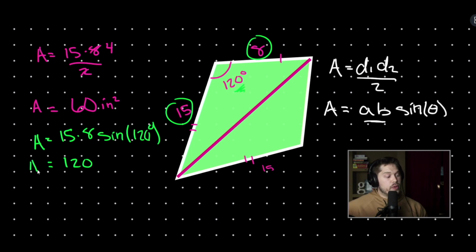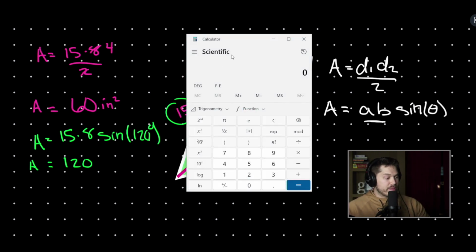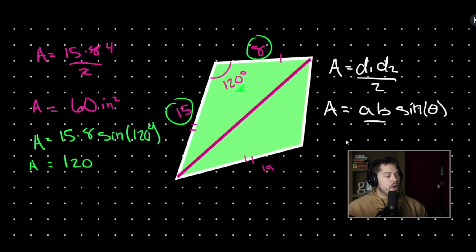And then sine of 120 is something I'm not sure about. I could figure it out, but let's just use our calculator. So we had 15 times 8 times the sine of 120. And we get 103.9 for our area.